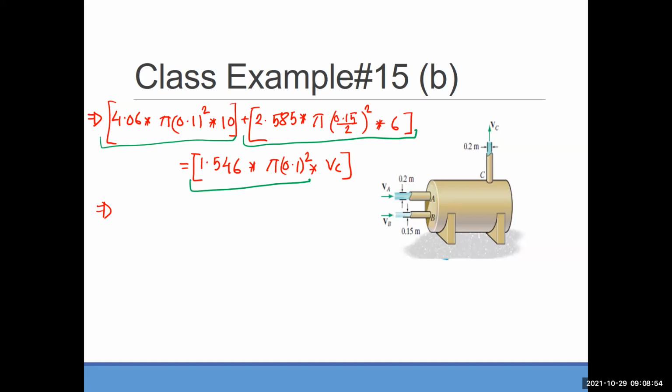This is the outlet. Yes. So that is the R. The radius was correct.